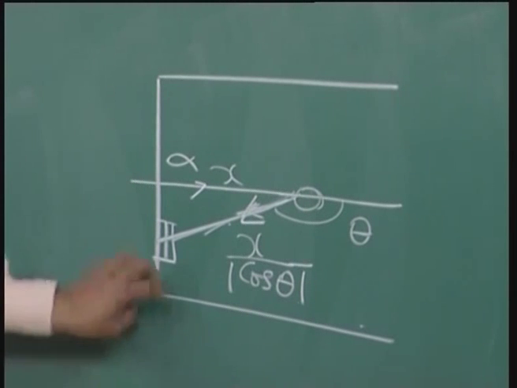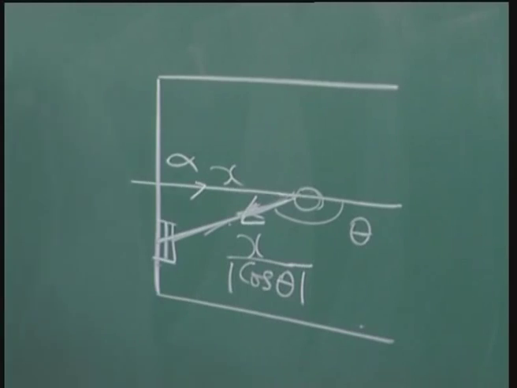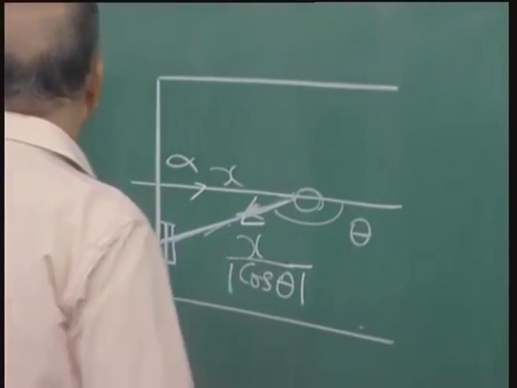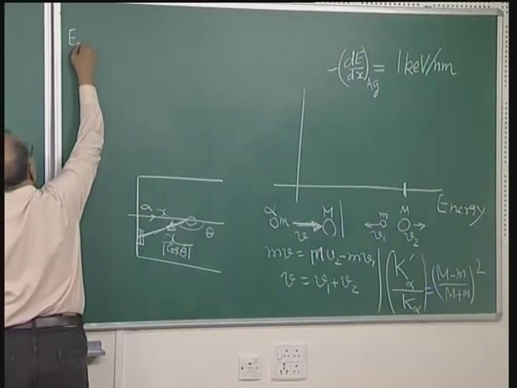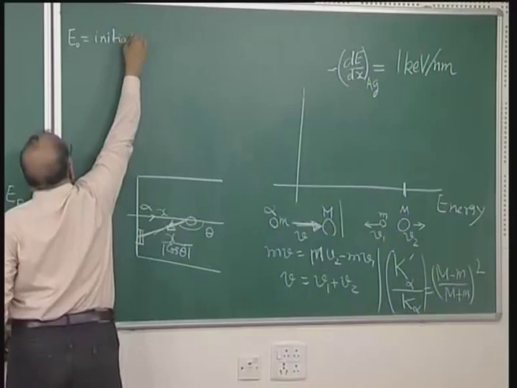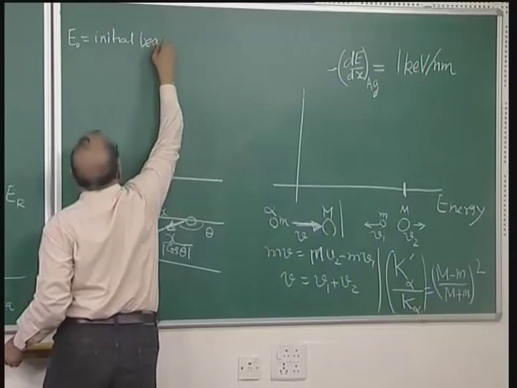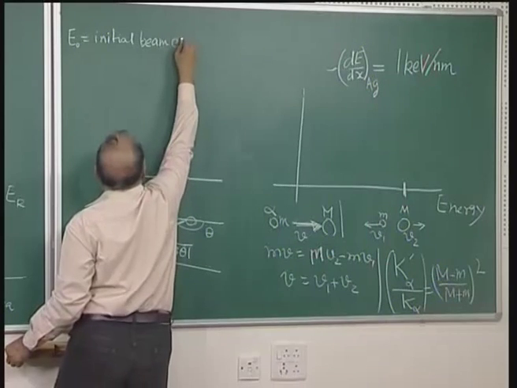Okay. So, how do I get the energy which is received in the detector? Say the initial energy is E naught, the beam energy. When the alpha particle is in the beam, that energy is E naught.